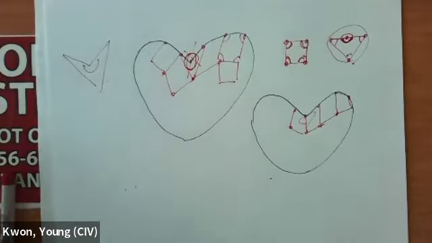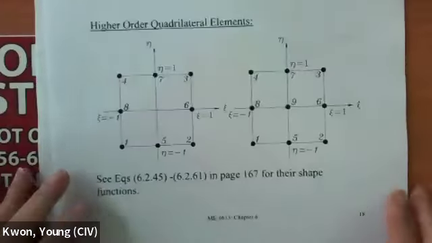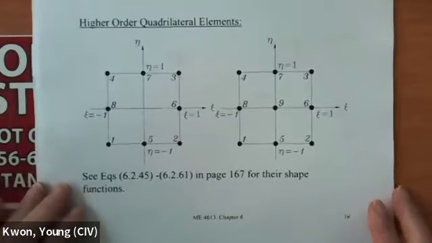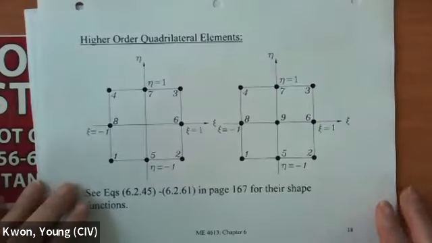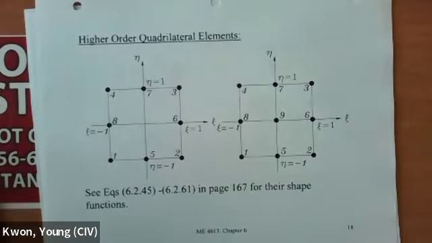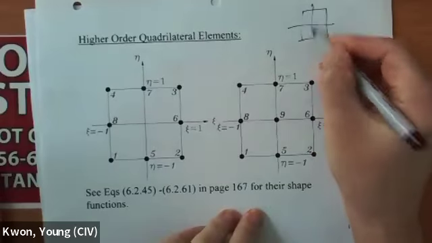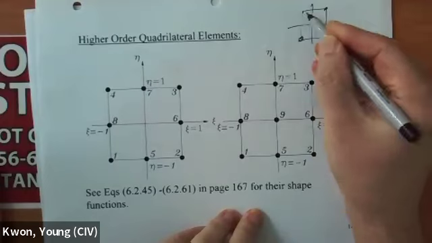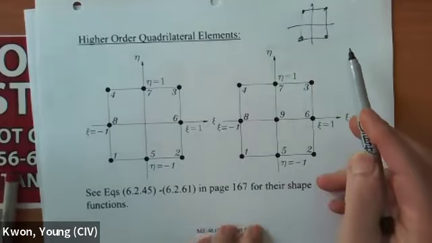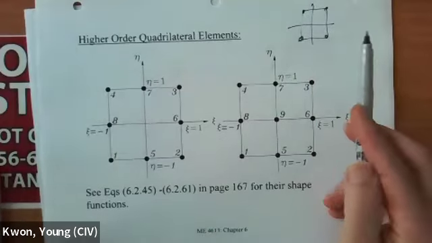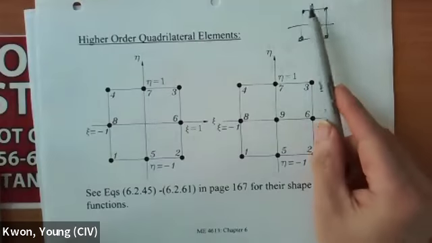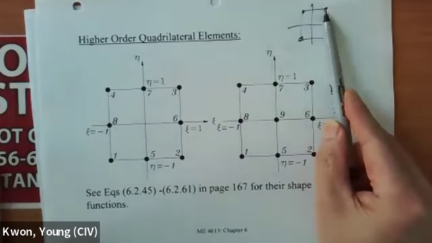So let's talk about now again higher order elements. So we talked about the four-noded quadrilateral element, right? But now we want to have more nodes. So in other words, we can represent the solution not linearly, but quadratically along the line.